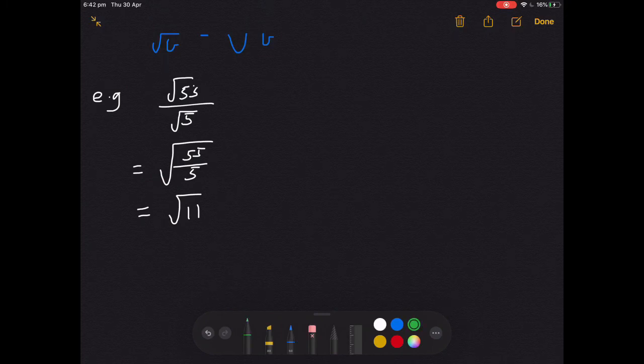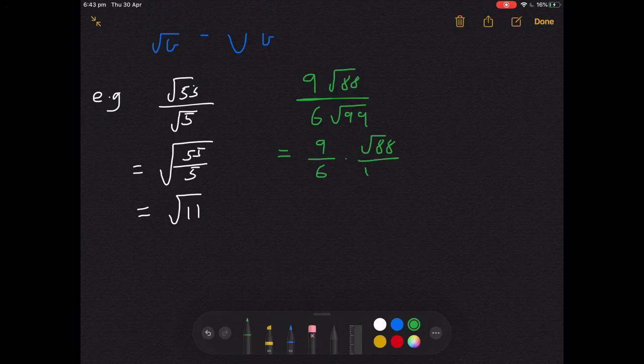Second example, 9 root 88 on 6 root 99. We're going to start by splitting this up just so we can work on the number bit and the surd bit separately. 9/6 is going to simplify to 3/2 if we divide top and bottom by 3.